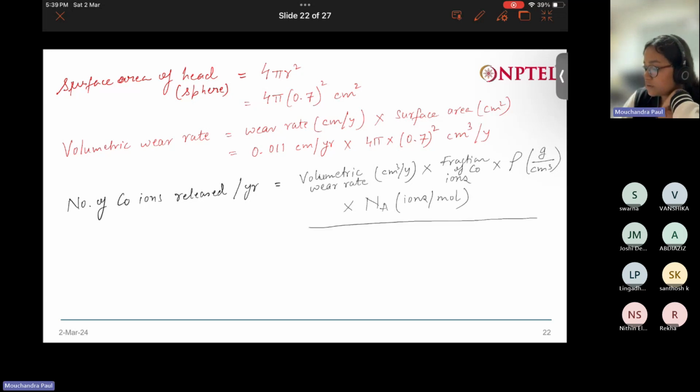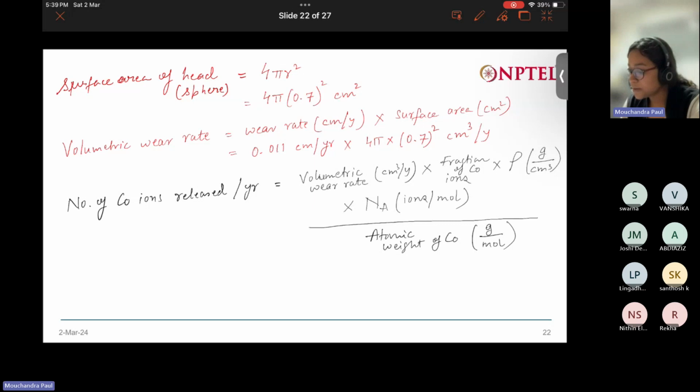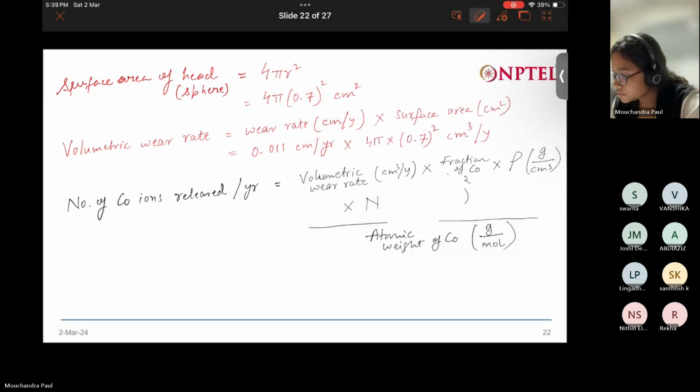And we divide it with the atomic weight of cobalt, the unit is gram per mole. So if we compare the units, let me write it a bit nicely.